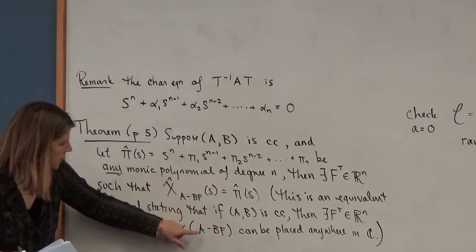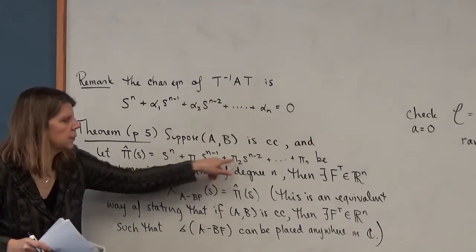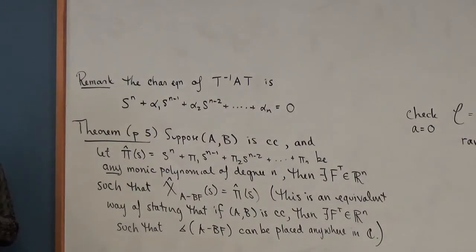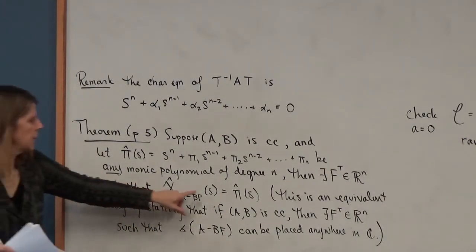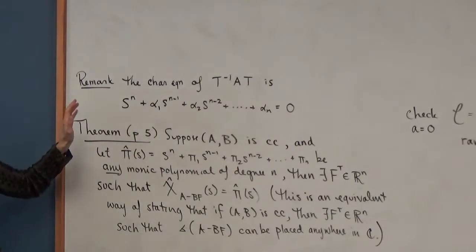We can either write them as the n eigenvalues of A minus BF, or we can write them as the n coefficients of the characteristic polynomial. And so we've just stated it in the first part of the theorem by saying, choose any characteristic polynomial.